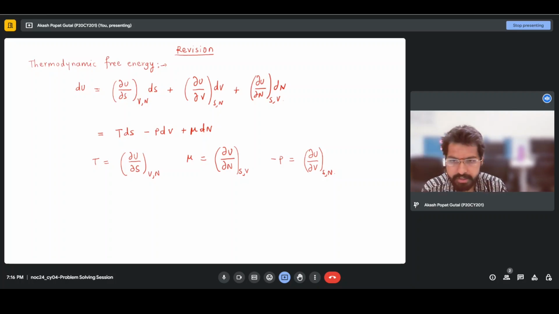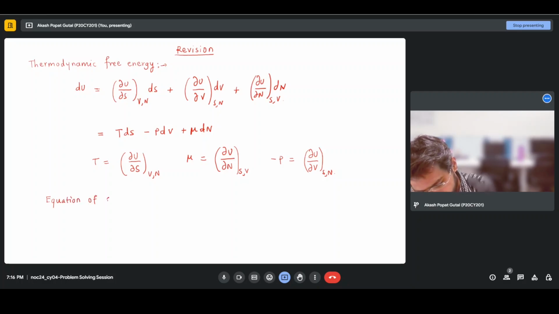And we defined what the equation of state is. I will write the definition. The equation of state is the derivative of the fundamental equation.